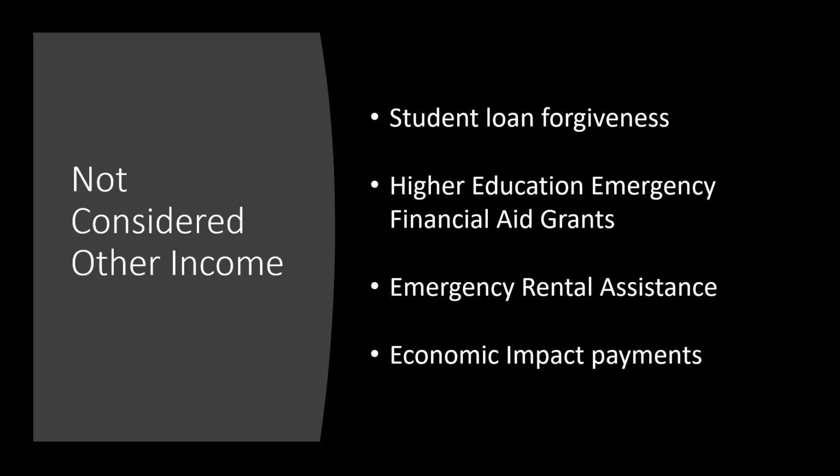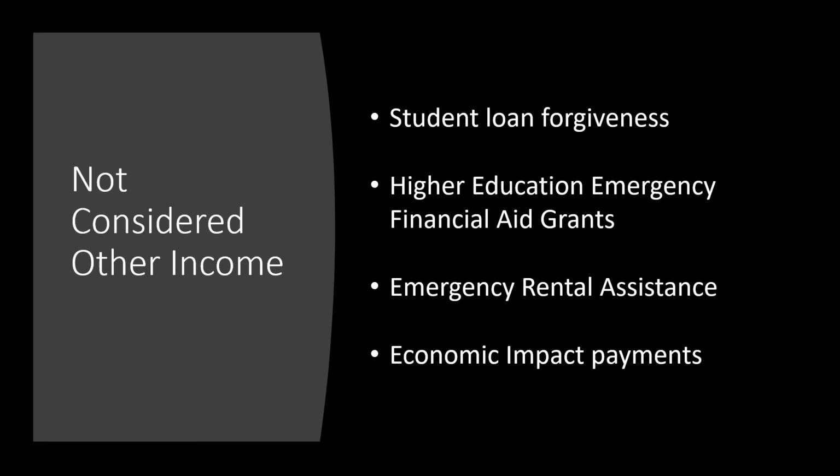Here are a few things that are not considered other income, but they might look like it at first. Student loan forgiveness, which we already brushed on, is not considered other income. It's excludable. The higher education emergency financial aid grants, which some students may have gotten as an additional grant in response to COVID, are not considered other income.